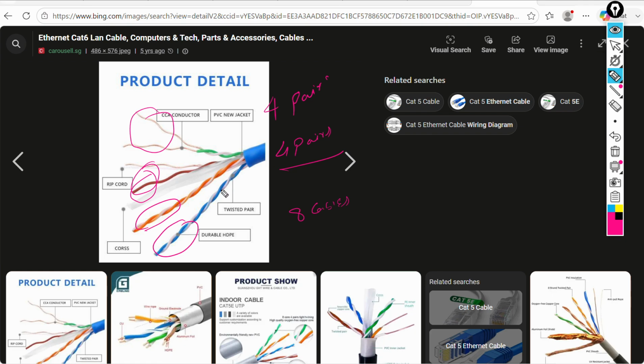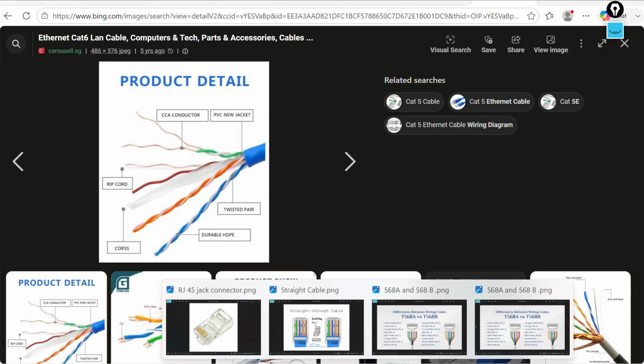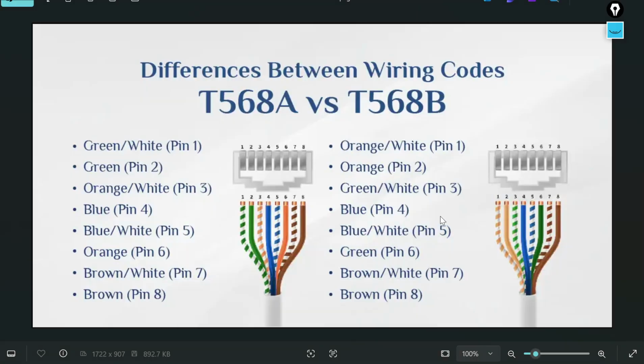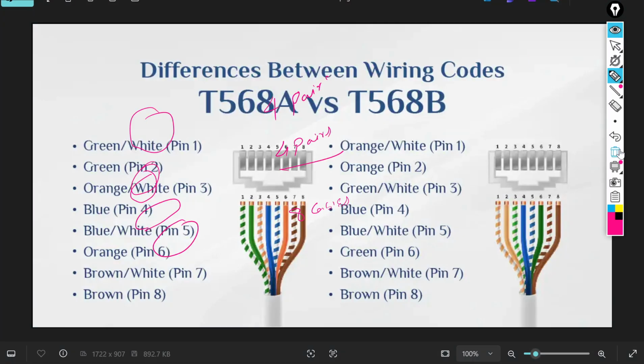Now here there is a color, right? This color is very, very important. In the color we have 2 standards. First we discuss what the colors are. These are the colors. The first one is white green, actually it is showing like green and white.